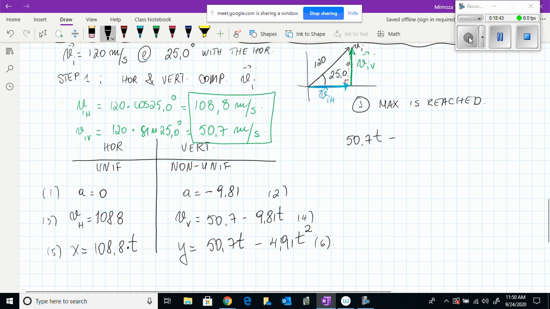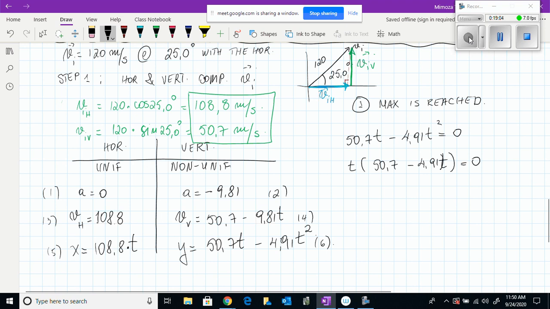If you are using equation 6, you set 50.7 t minus 4.91 t squared equal to 0, because the displacement will be 0. Factoring out t, you have t times 50.7 minus 4.91 t equal to 0.